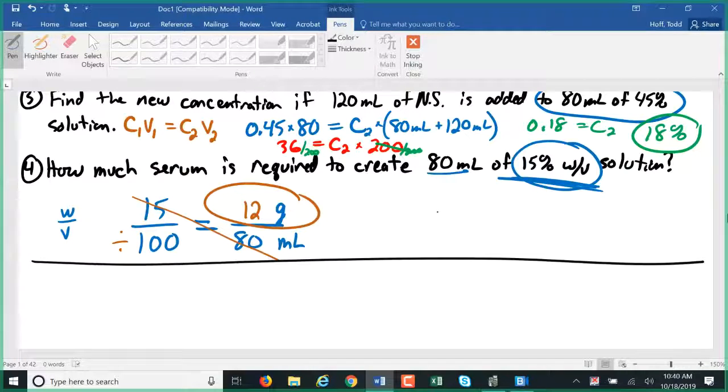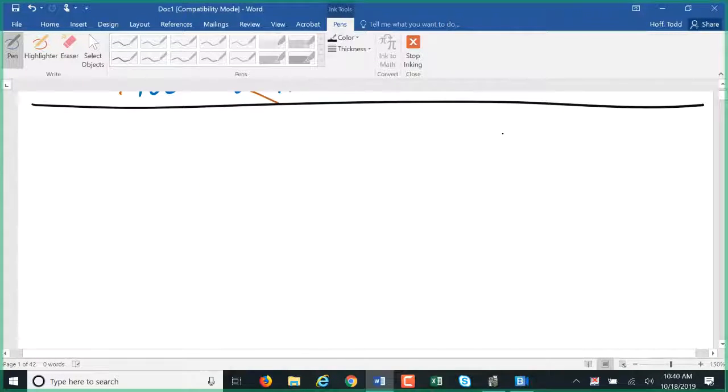Now, on the more practical side of this, I wrote these questions that way to test the math. But most of the time, if we're doing a dilution to change the percent of a solution, we're not going to add a certain amount of saline to it. We're going to be shooting for a particular percent.